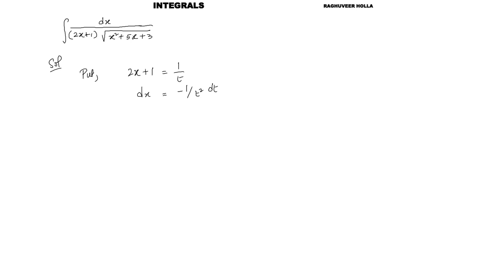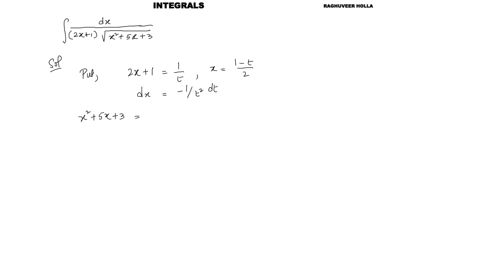Now here x will be (1 minus t) by 2, so x you get as (1 minus t) by 2. Now let us consider x square plus 5x plus 3.